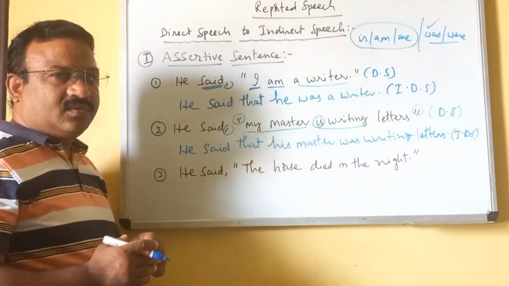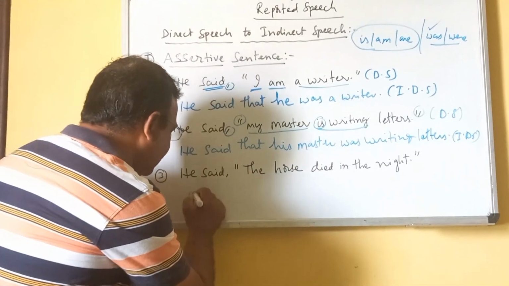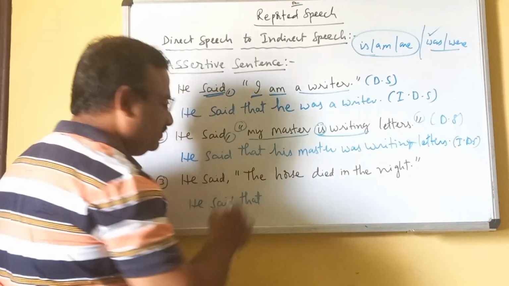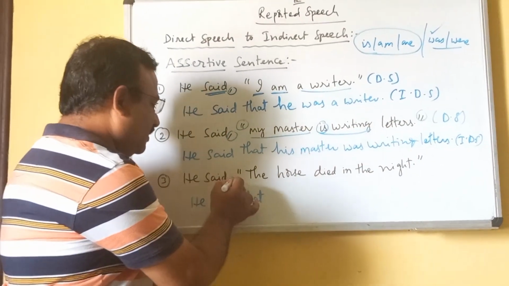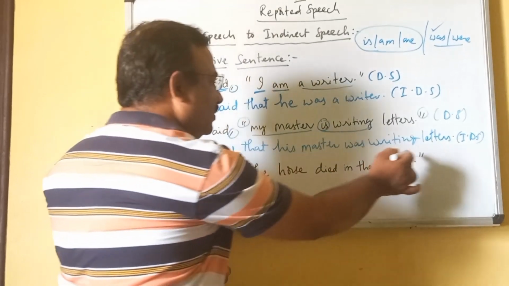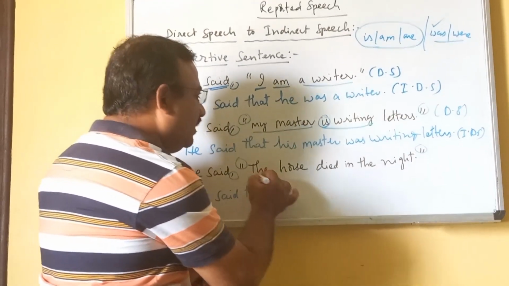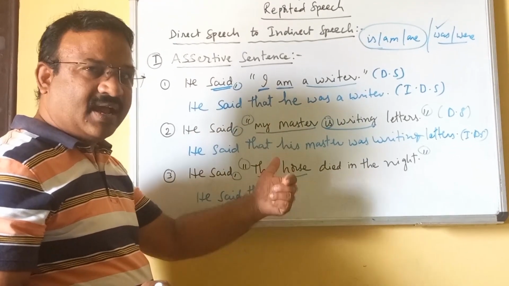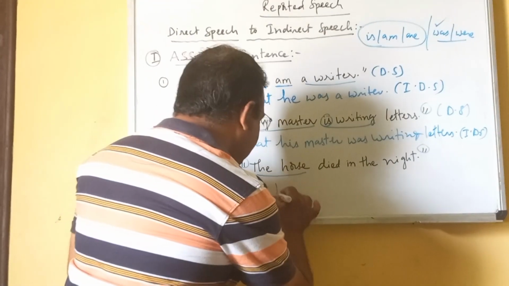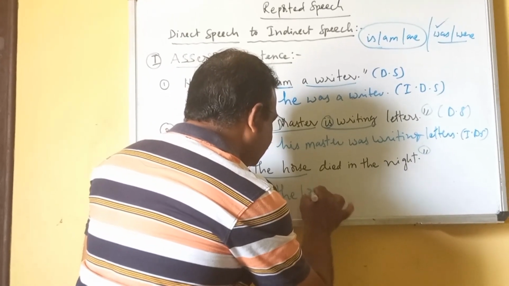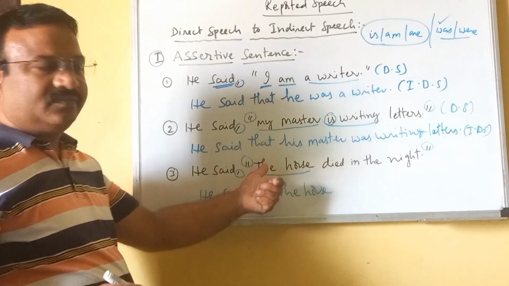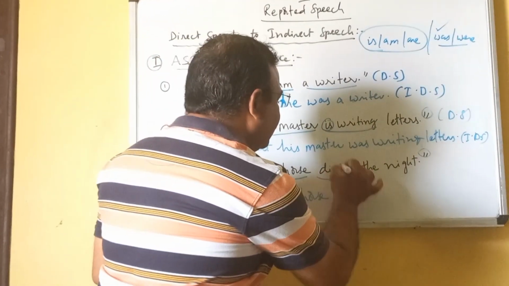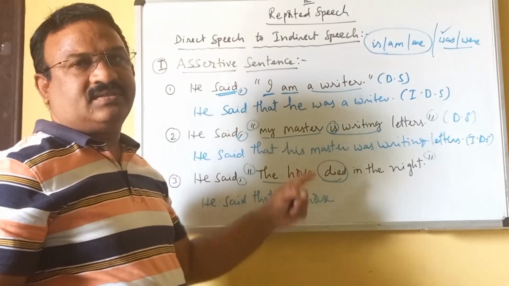And one more example. He said that, remove the comma, remove the inverted commas. The horse, third person, you can write as it is. This is not the reporter. He said that the horse died. This one is past tense.